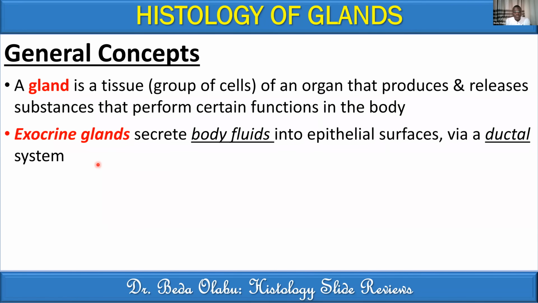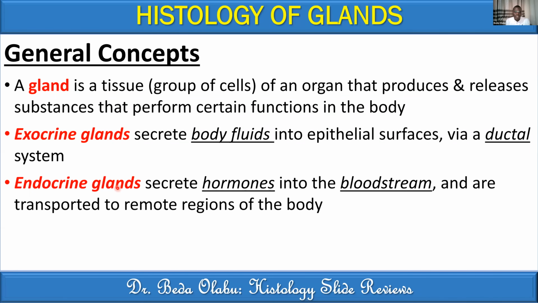The converse of exocrine glands are endocrine glands. Endocrine glands produce hormones. And as you heard in the lecture, a hormone is a biological chemical messenger that is released into the bloodstream so that it can act on a distant target organ. The understanding here is that hormones are produced by cells which are away from the target tissues of those hormones.